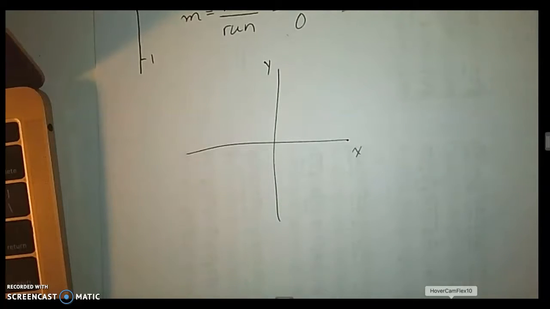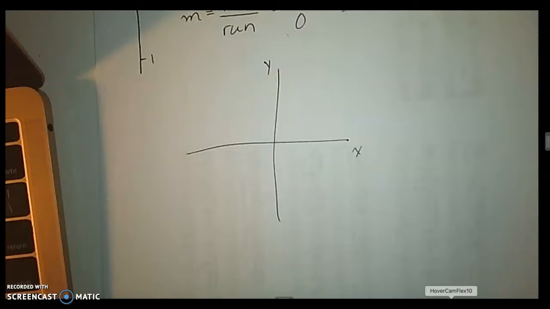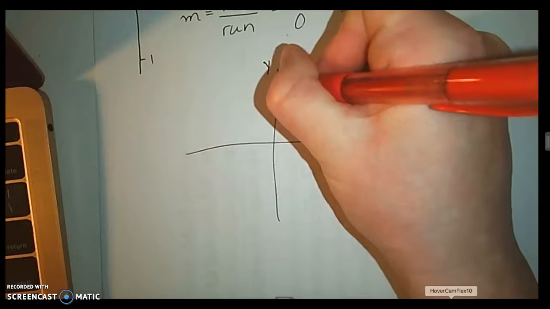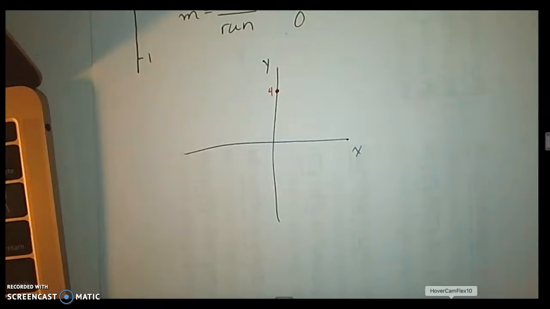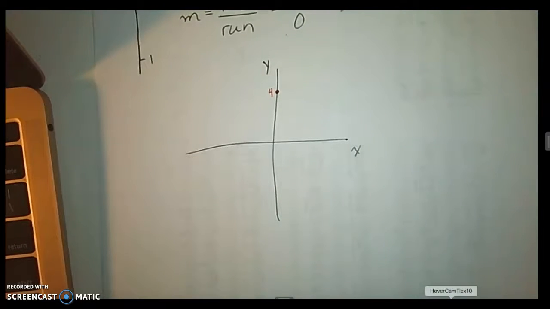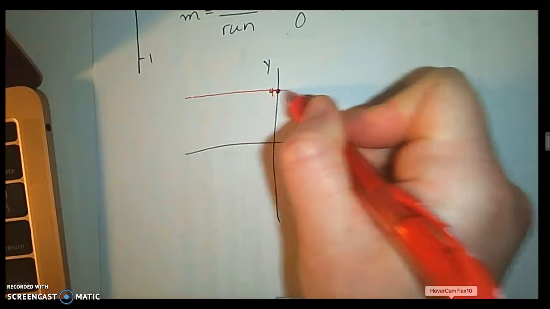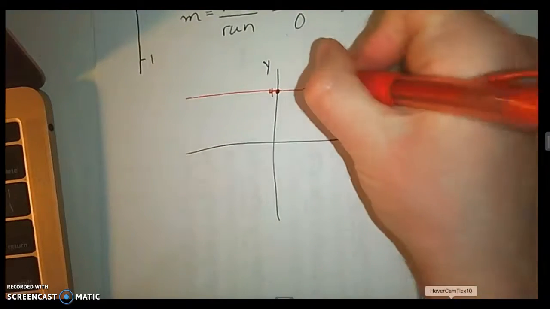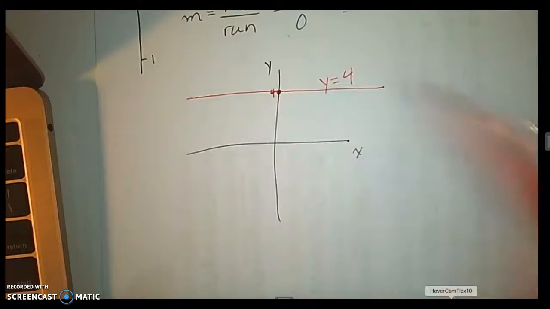Okay, so if I have y equals 4, like it says right here, so I'm going to find that on my axis here. That's 4, okay? And basically what that equation is telling me is that it doesn't matter what x is, y is always 4. So I'm drawing a straight horizontal line through 4 on the y-axis.